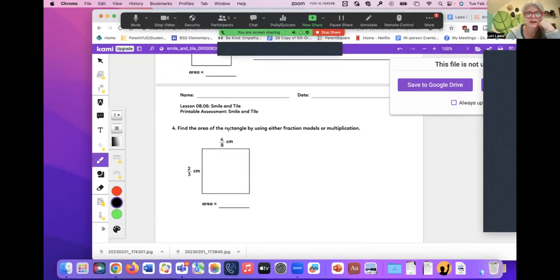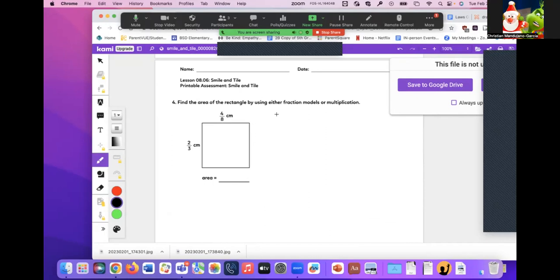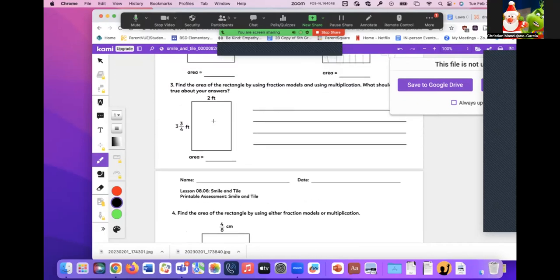Of course. Find the area by using fraction models and multiplication. I'm going to show you one thing more, because on this one, you are probably going to want to convert this into an improper fraction. So here you've got 2 times 3 3/4, right?